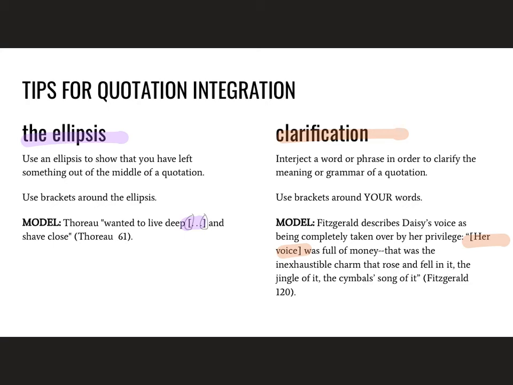If you look in the example on the board, you'll see that the student needed to make a slight alteration to the grammar of the sentence in order to make sure that the original meaning of the quotation is kept intact. So occasionally you might need to change the tense of a word, or you might need to provide more clarification grammatically for a sentence to make sense. And in that case, once again, you want to use those brackets to indicate that you have made a change to the author's intended language.